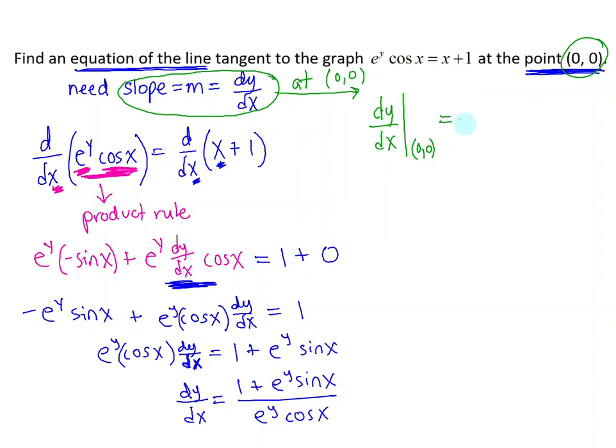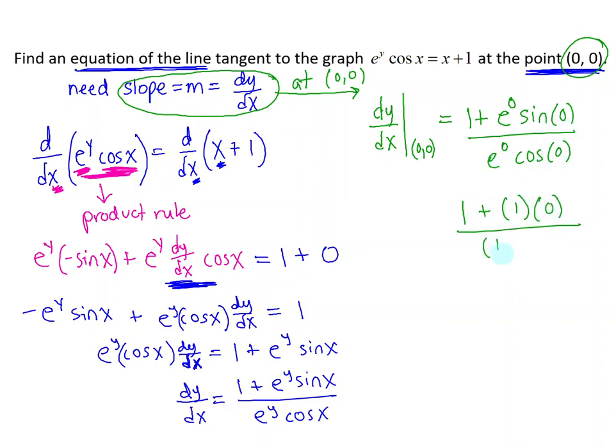This is notation to show that we're plugging in (0, 0). 1 plus e to the 0 times sine of 0 over e to the 0 times cosine of 0. That makes 1 plus, e to the 0 is 1, sine of 0 is 0, e to the 0 is 1, cosine of 0 is 1. So that looks like we get 1 plus 0 over 1, which is 1. So our slope is 1.